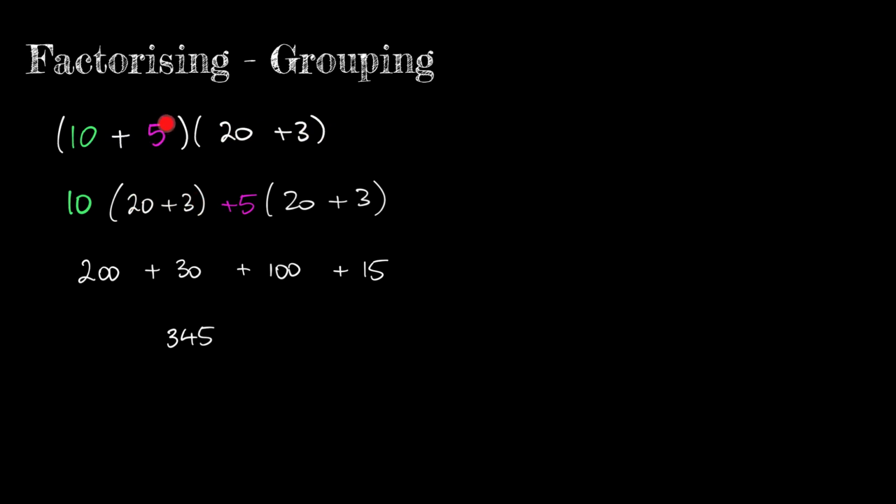And then I took the second term and I multiplied that by everything in the second. And then I simply multiply it out. So 10 times 20 is 200. 10 times 3 is 30. 5 times 20 is 100. 5 times 3 is 15. If I add all of them together, I get 345. So the exact same logic works with algebra, and that's what we're going to look at next.